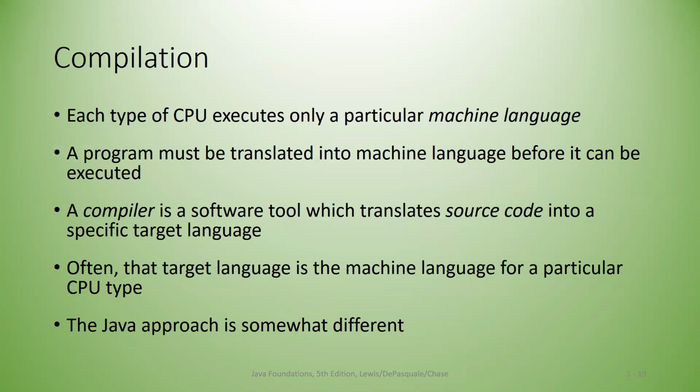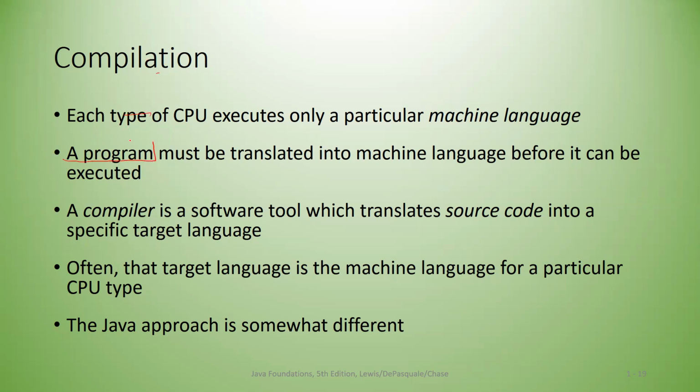Each type of CPU executes only a particular machine language, and we talked about that. Apple computers' machine language is different from PC's machine language, okay? Because the hardware is built differently, the chip is built differently, the circuits, the little copper tracing, they are different. So the interpretation is different, okay? A program must be translated into machine language before it can be executed. Why?